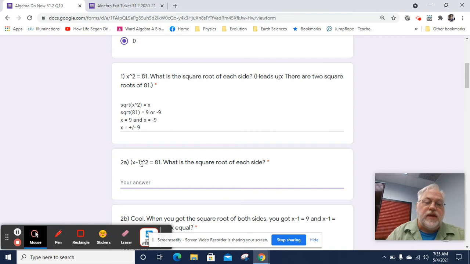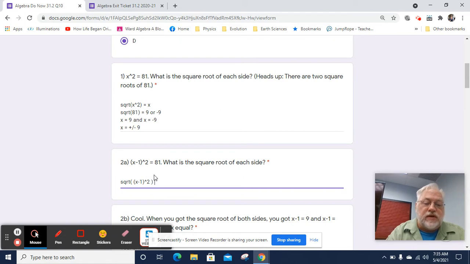Now we've got (x minus 1) squared equals 81. Well, the square root of a square cancels out the square. So we've got the square root of (x minus 1) squared. Let me put that very clearly inside parentheses.